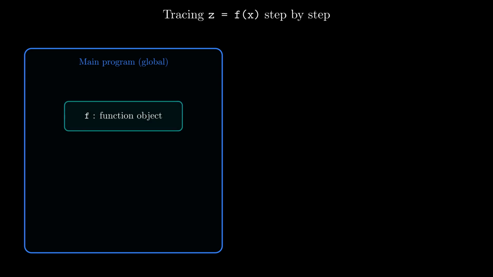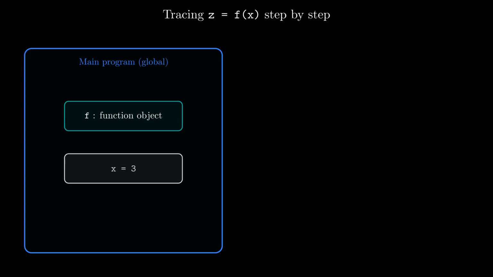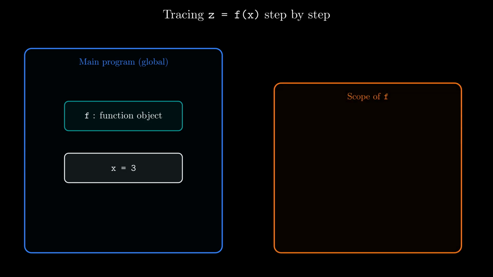After the definition, there's one environment, the main program, holding just f, a function object, not yet running. Then x = 3 adds a variable x with value 3 to the main program. Now the call f(x). Python creates a new environment and puts the main program on hold. This new environment is the scope of f.